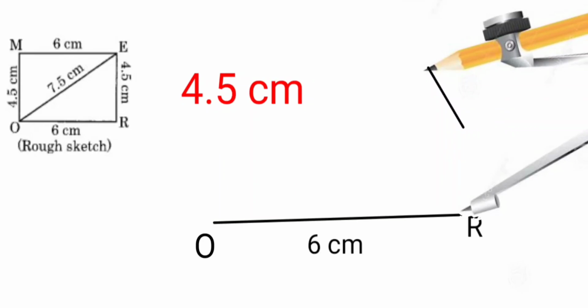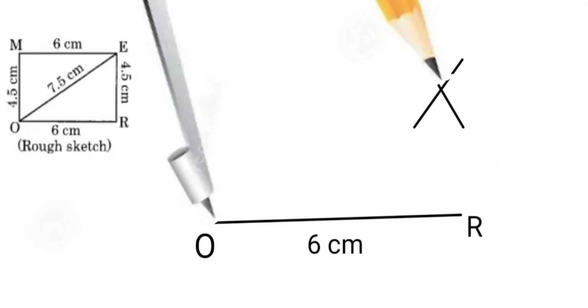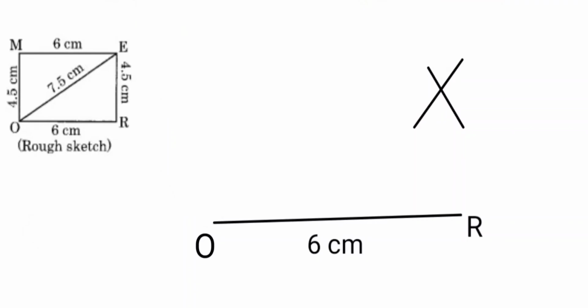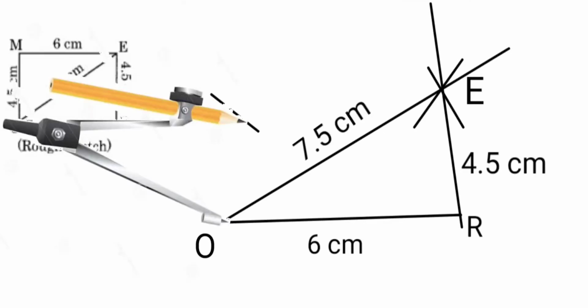Then take R as center, make an arc of 4.5 cm, and take O as center, cut an arc of 7.5 cm. Then we get a point E, then join RE and OE. Labeling them 4.5 cm and 7.5 cm.